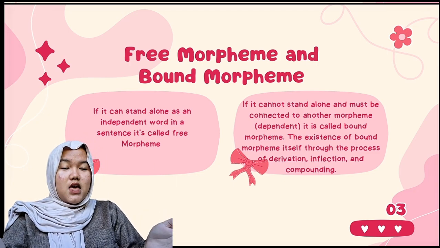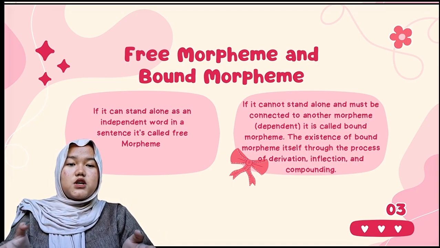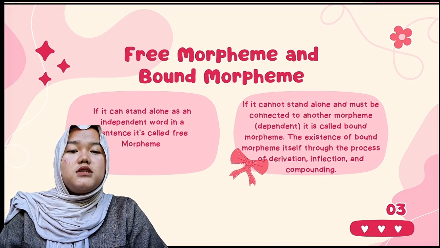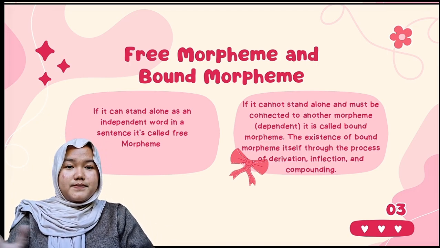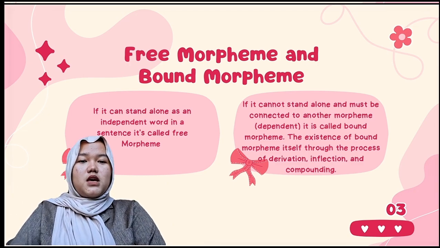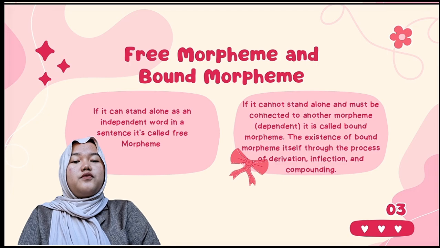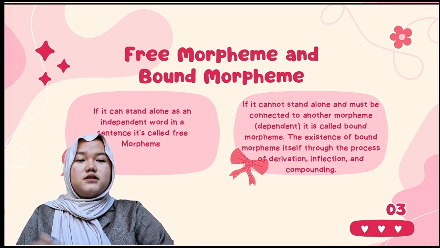And then, if it cannot stand alone and must be connected with other morphemes, it is called a bound or dependent morpheme. The bound morpheme itself goes through the process of derivation, inflection, and compounding.